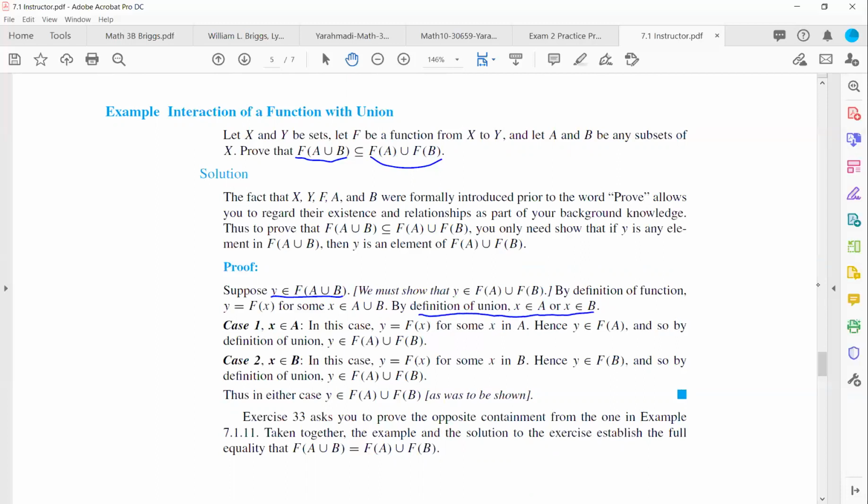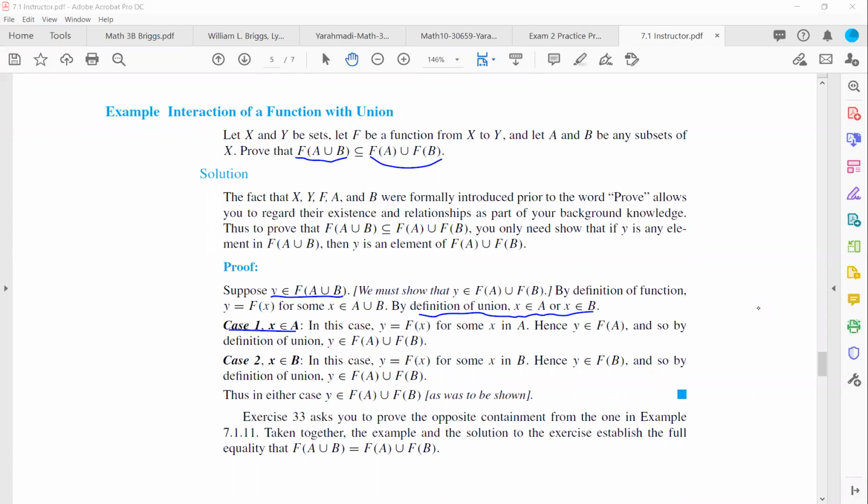It means that x is in A or x is in B. Case 1: if x is in A, you know that y is equal to f of x. Therefore, y belongs to the image of A under f. So, since y belongs to f of A, y belongs to f of A union any other set. Here you can write f of B.